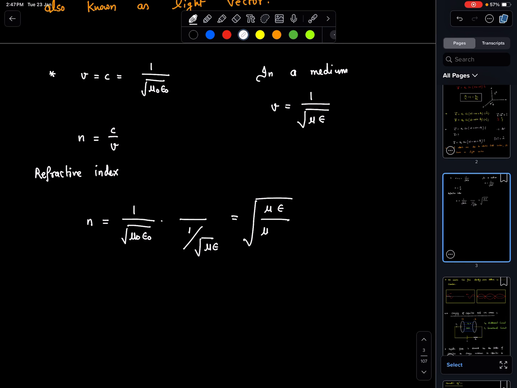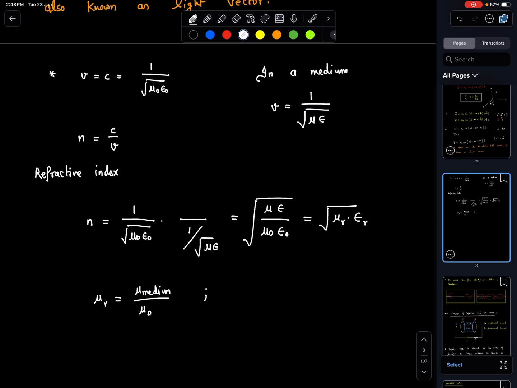So here it will become under root of mu r epsilon r. Mu r is relative permeability, and epsilon r is basically the dielectric constant. This mu r is mu of medium by mu naught.